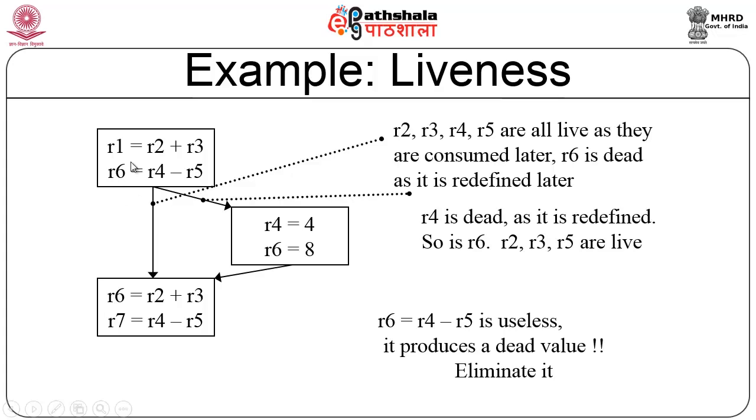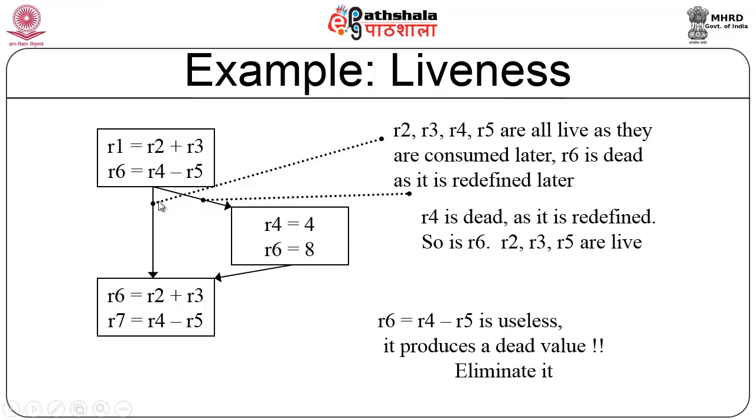So here R2, R3, R4, R5 are used here, which means they could be live for the successor blocks also. But R6 is assumed to be dead here as it is redefined later, and R4 is dead as it is redefined here at this point.